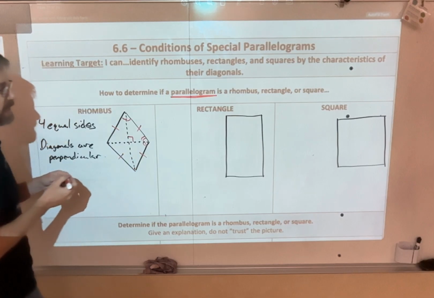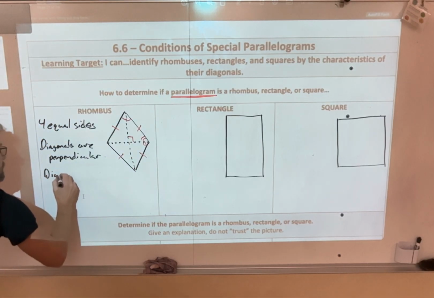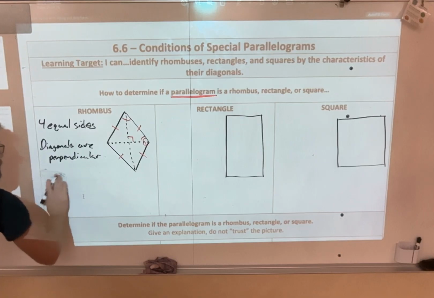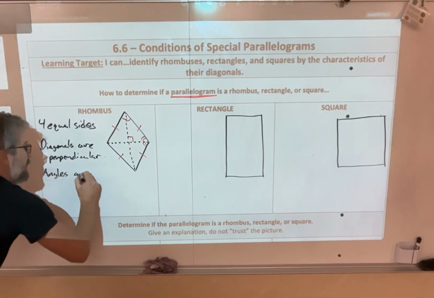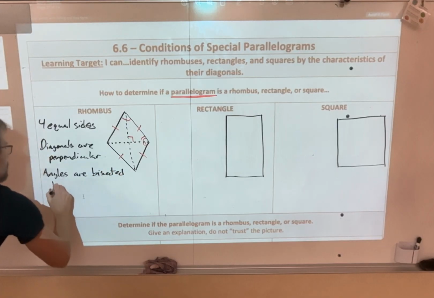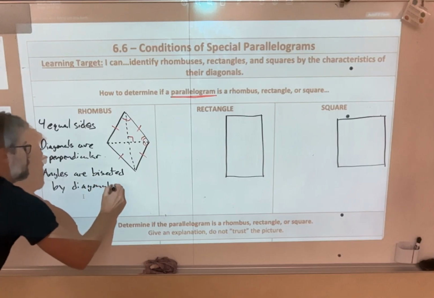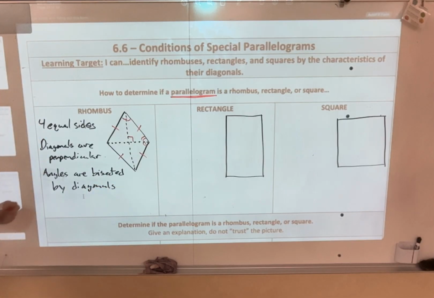So if those diagonals bisect the angles, angles are bisected by the diagonals. If we know that, then for sure this is a rhombus.